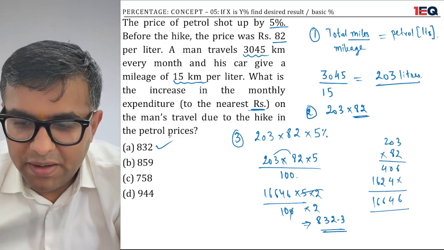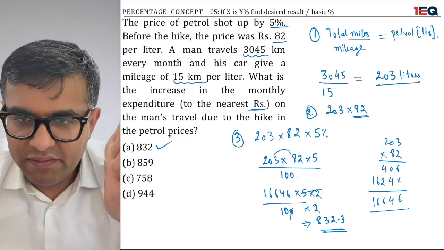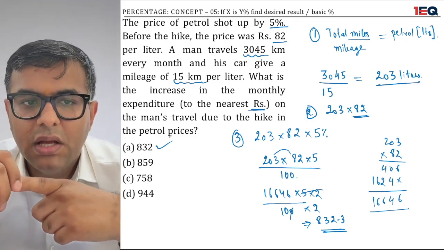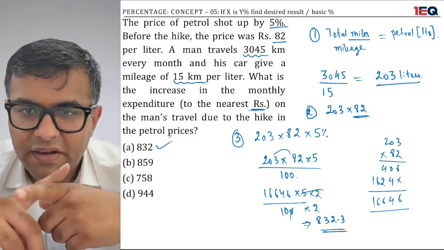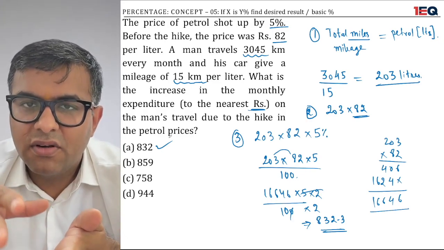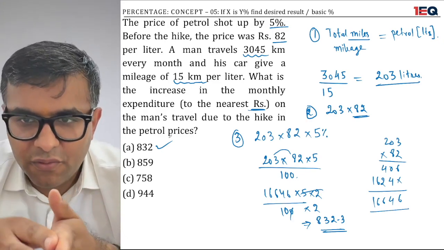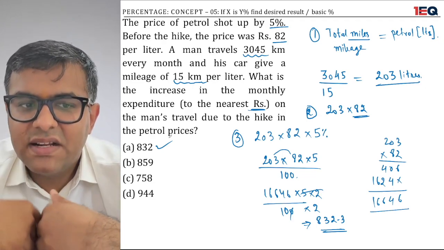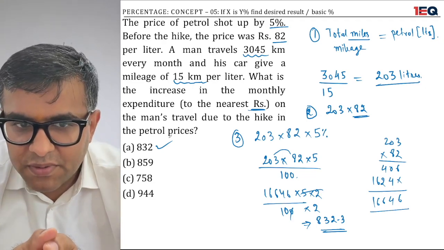Now leaving my pen down, I'll explain the question to you one more time. He is traveling every month from one place to the other. The total distance that he travels is 3045 kilometers. The mileage that his car gives is 15 kilometers per liter.